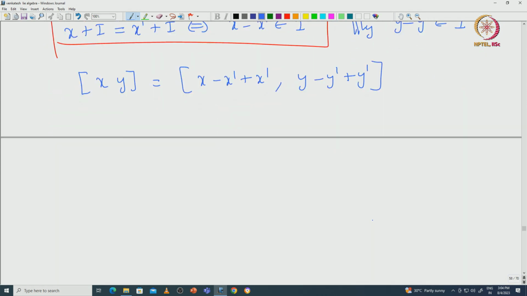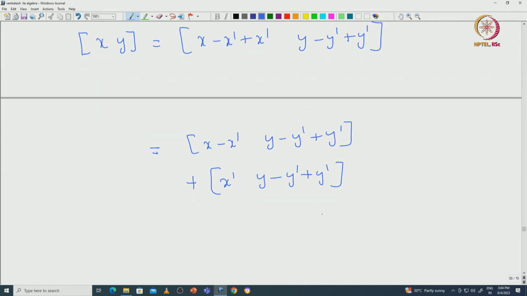If you do that and use linearity, you get the bracket [x minus x', y minus y' plus y'] plus [x', y minus y' plus y'].